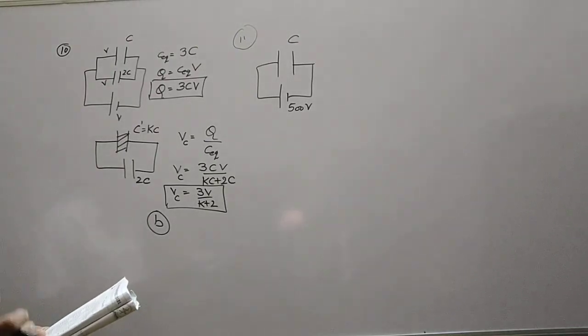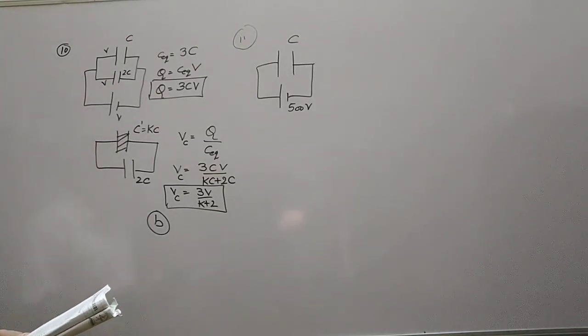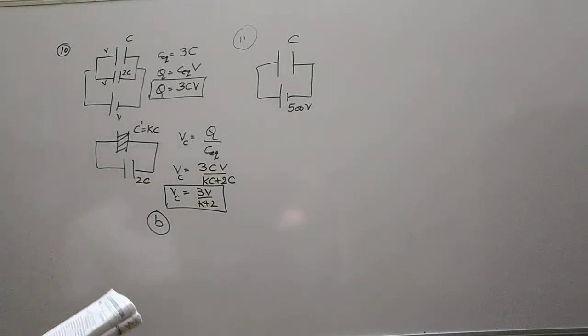Insulated means the battery is disconnected, and a plastic plate is inserted, filling the whole gap. So now we introduce the plastic plate. The potential difference between the plates now becomes 75 volts. So the voltage which was 500 volt now becomes 75 volt.